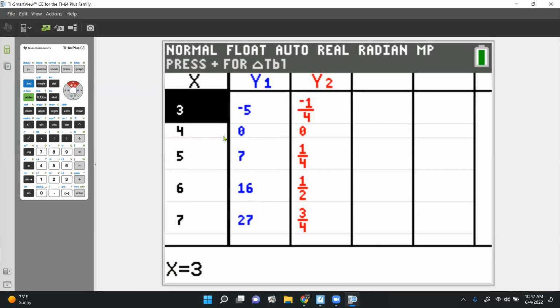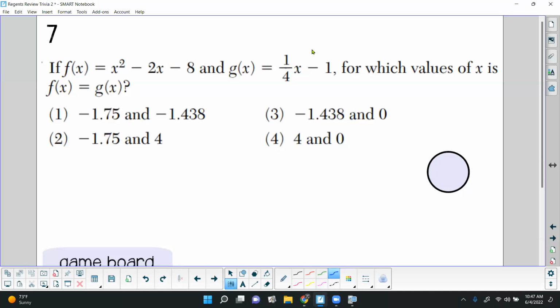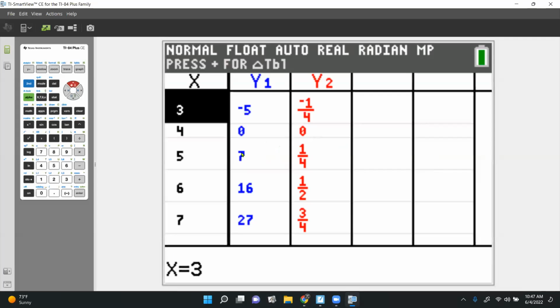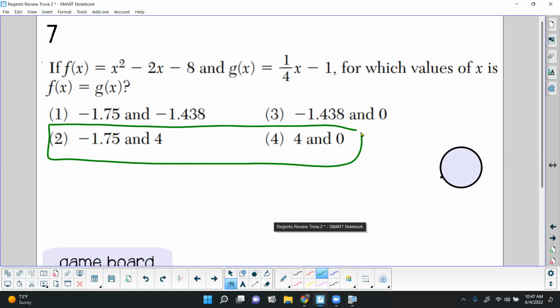And yes, at 4 they are. So I know that they are definitely equal to each other when X is 4. So I can definitely say that one of these has got to be the right answer.